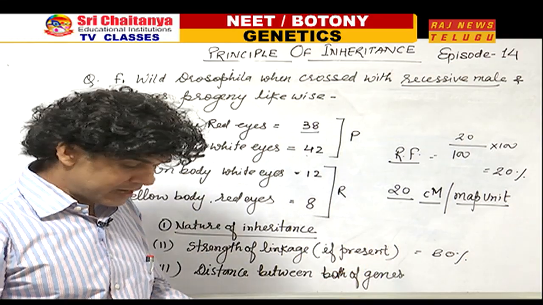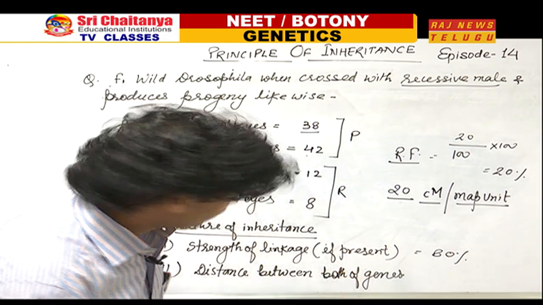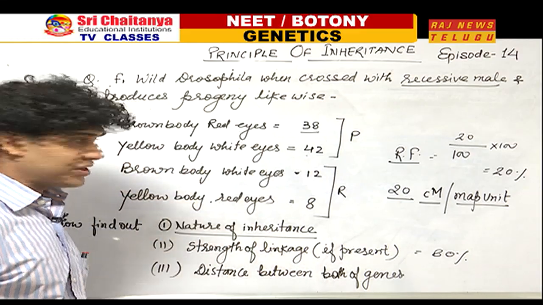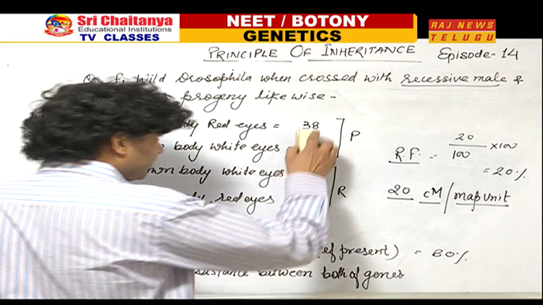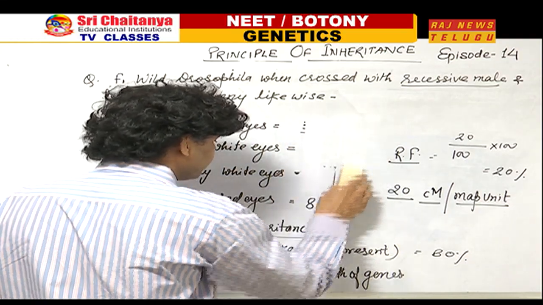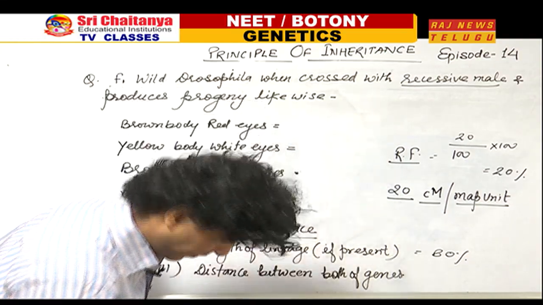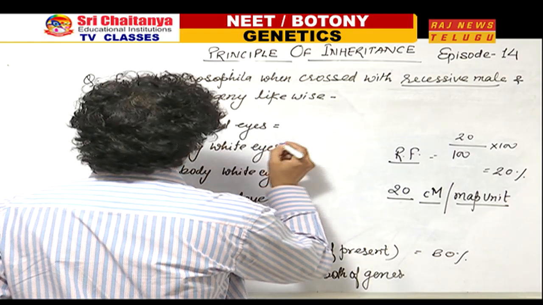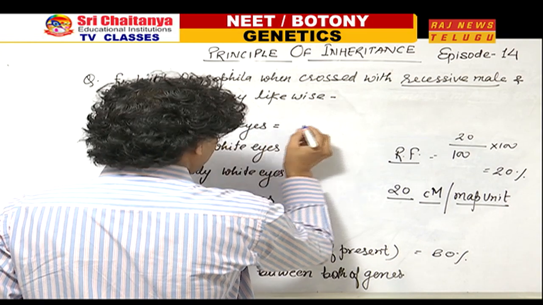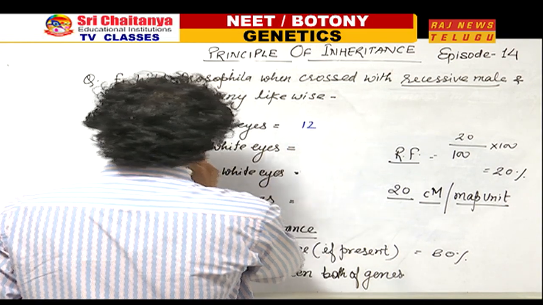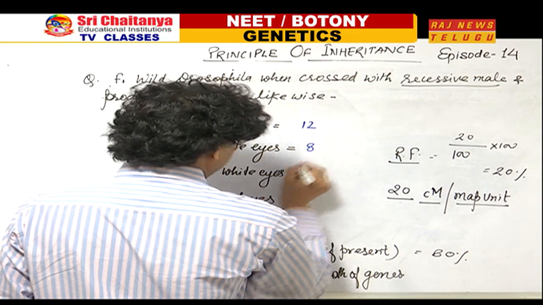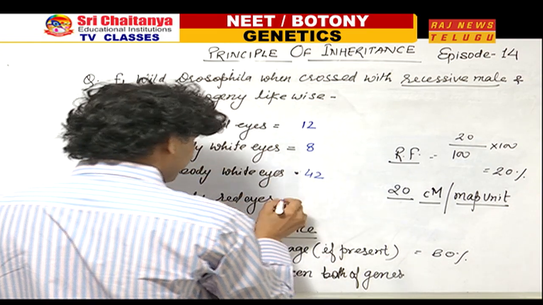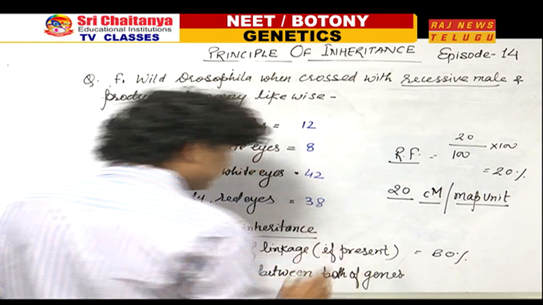This is also one type of question. In the same question, if I change the data, what if I change the data? If I mention here brown body red eyes 12, yellow body white eyes 8, brown body white eyes as 42 and yellow body with the red eyes as 38.